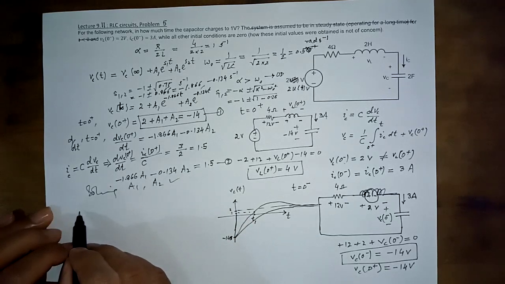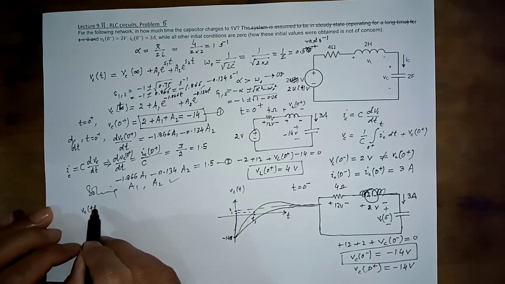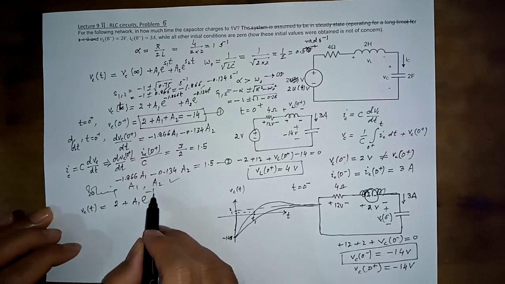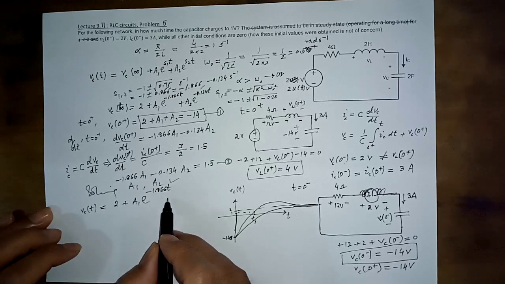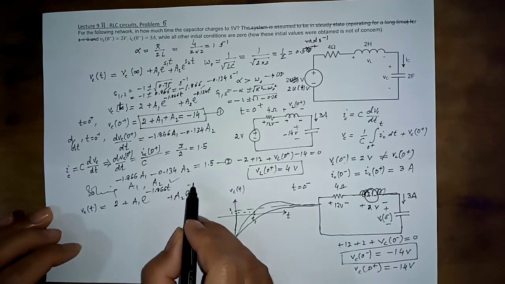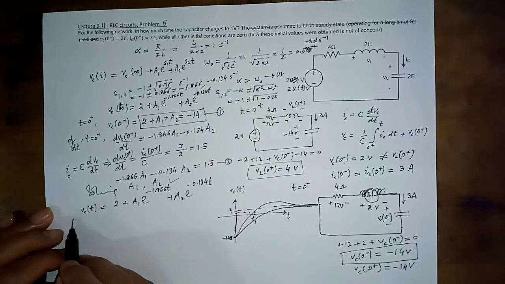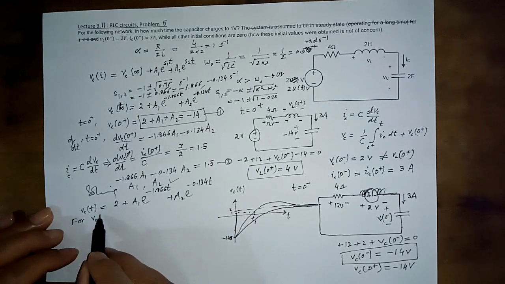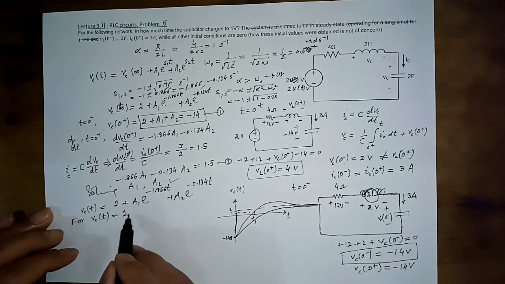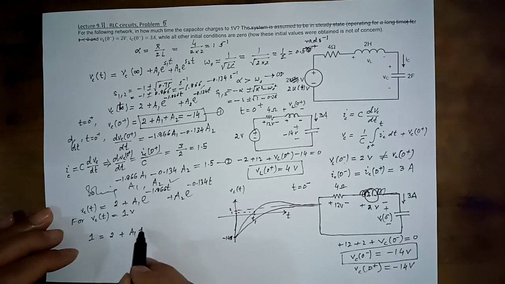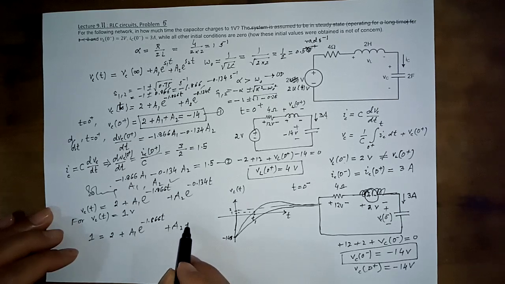Once you write VC(t) is equal to 2 plus value of A1 found e raised power minus 1.866 t plus value of A2 found e raised power minus 0.134 t. Then for VC(t) equal to 1 volt, we can write 1 is equal to 2 plus again the A1 value you have found, plus A2.